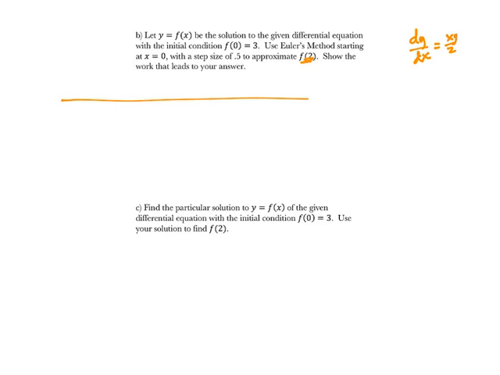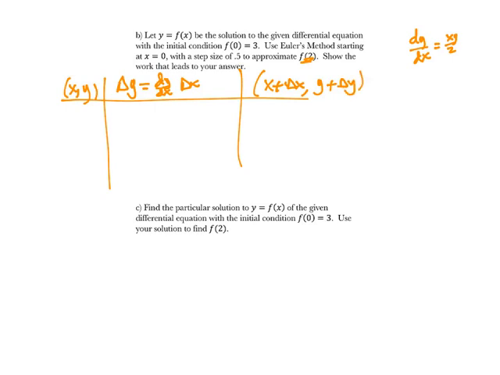My three columns are x, y, then delta y, which remember is dy/dx times delta x, and the third column is x plus delta x, comma y plus delta y. So we start off with the initial condition of (0, 3).